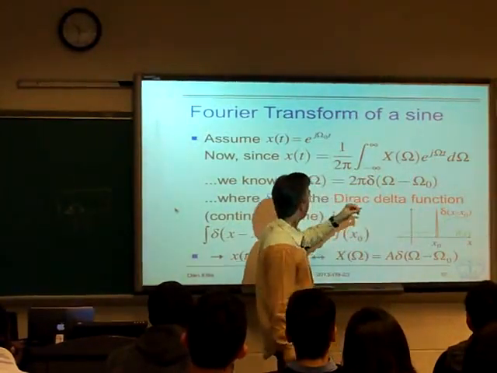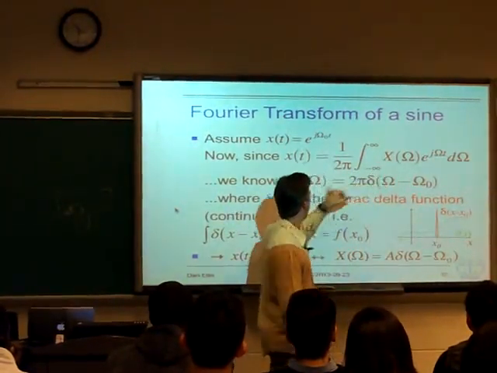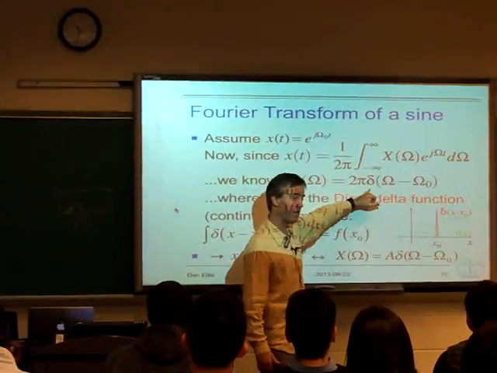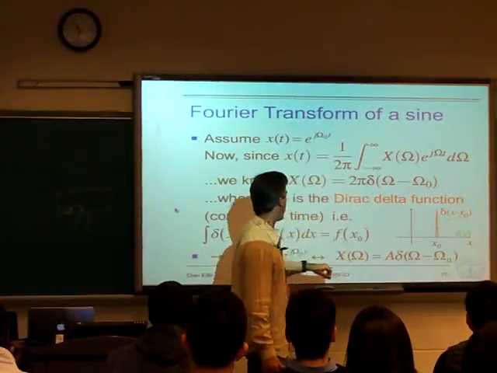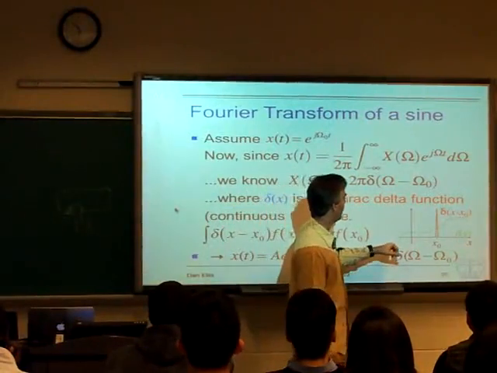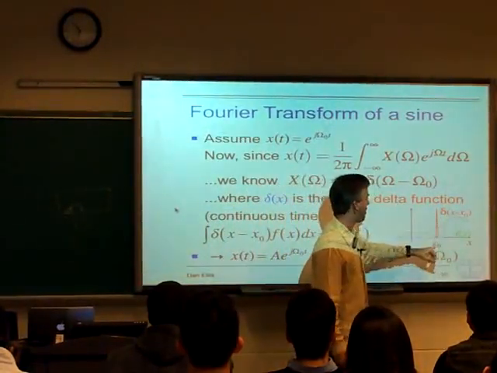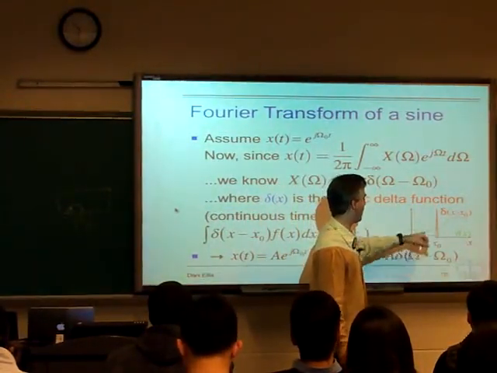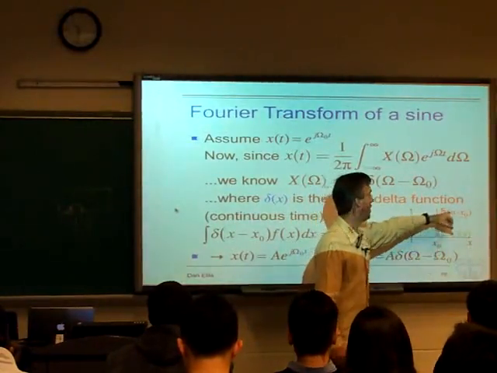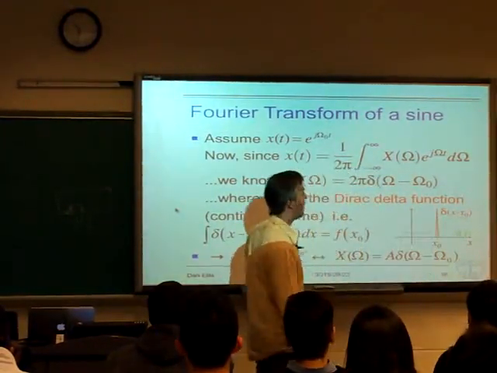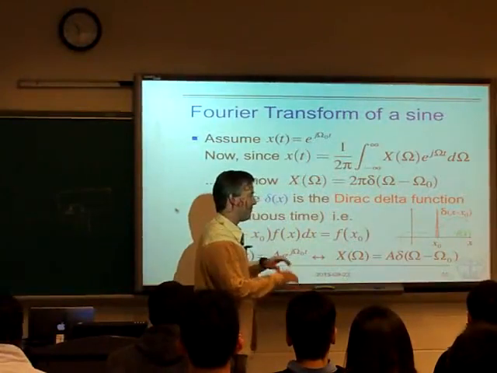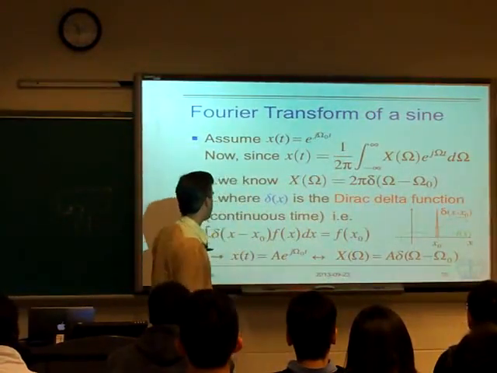And of course, the way we do that is by making x of omega be a Dirac delta function. The Dirac delta function has that property that the integral of some function multiplied by the Dirac delta function gives you just the value of that function at the point where the Dirac argument becomes 0.